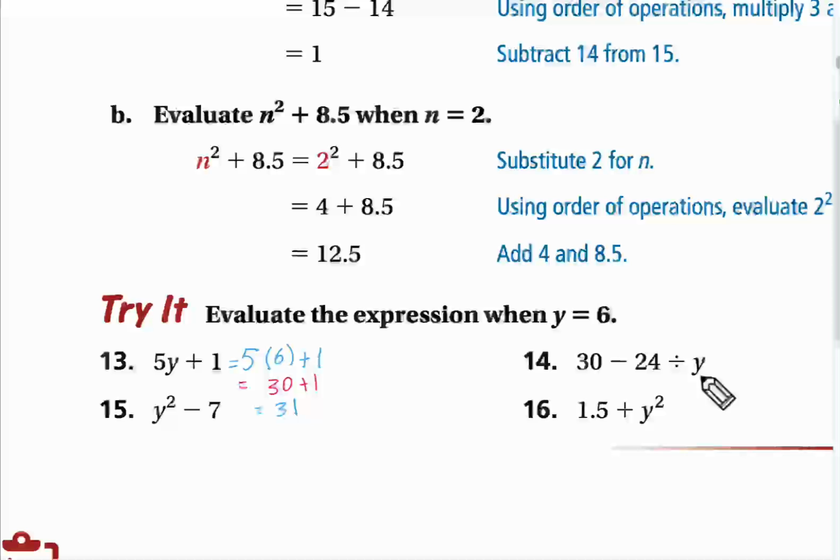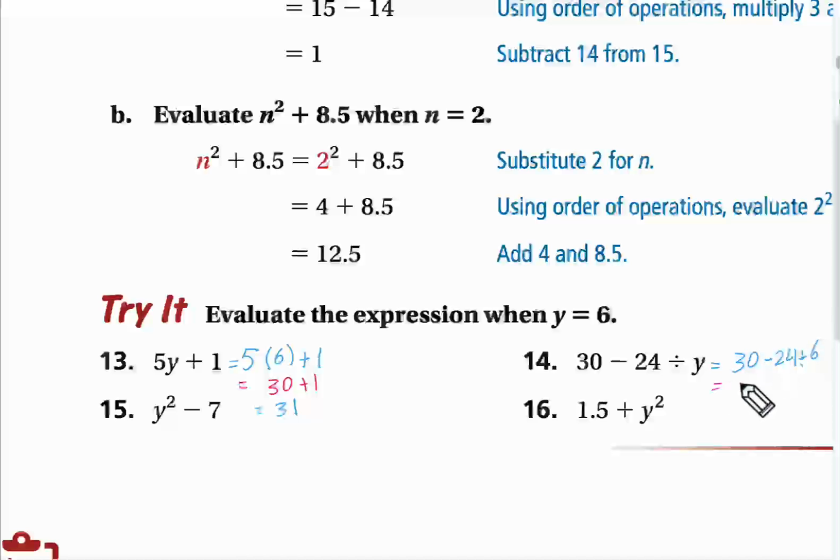Abdullah Majid? Yes, teacher. Question 14: 30 minus 24 divided by y. What's y? Y is 6. So we substitute 6 for y.